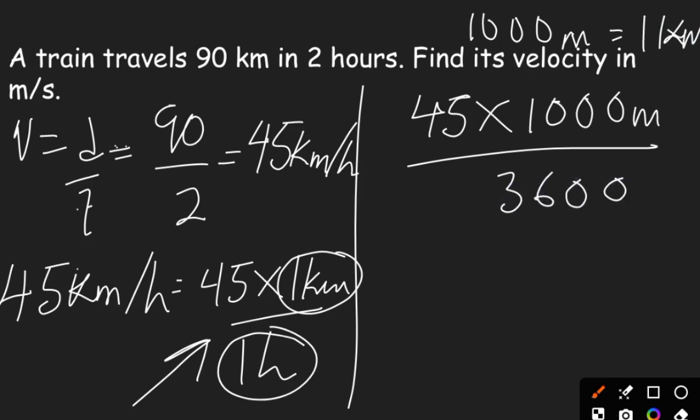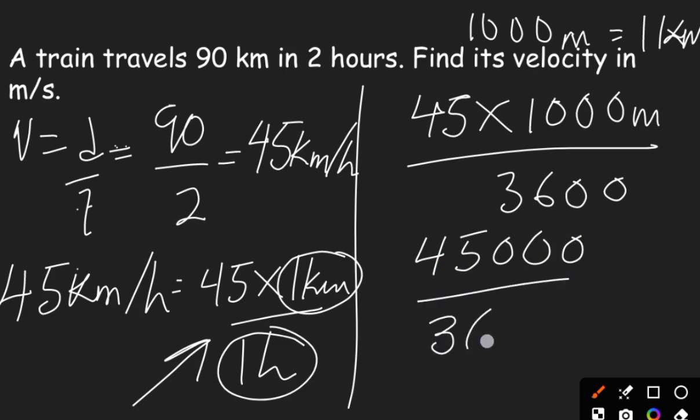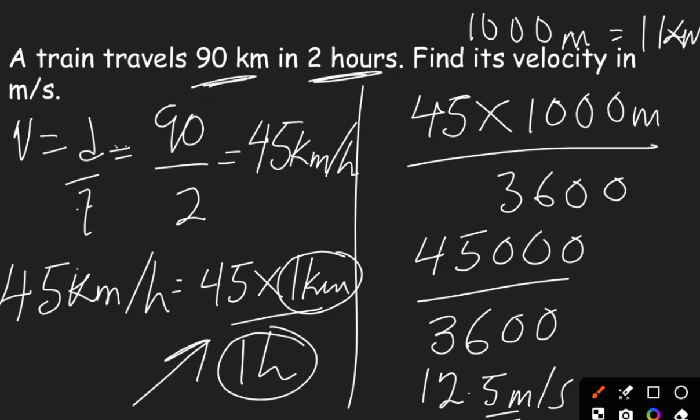So 45 times 1000 is 45,000 over 3600. So 45,000 divided by 3,600. You have 12.5 meter per second.